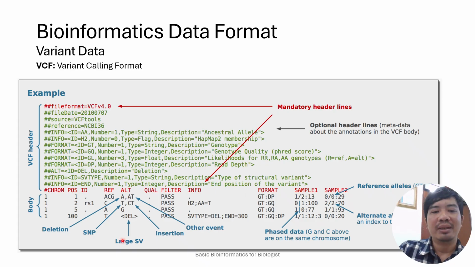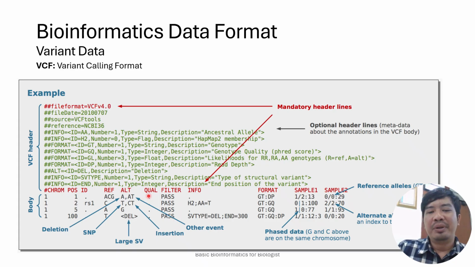For example, for rice, we have chromosome number 1. On the first base, we have a variation, which is in the reference. There is ACG base, but there are alternatives. Some samples have A, which means a deletion, because ACG becomes A, meaning you need to delete two base pairs, and then the other is AT.